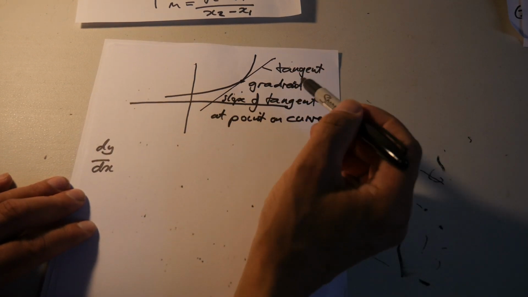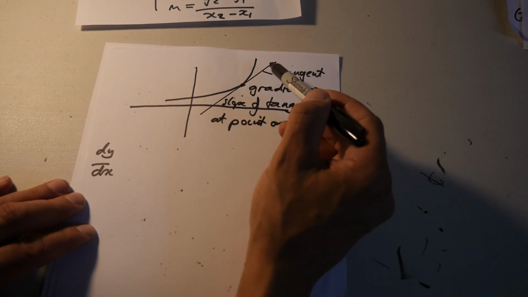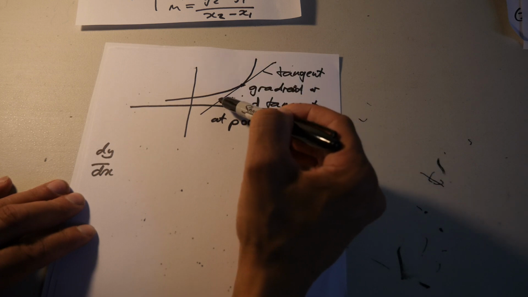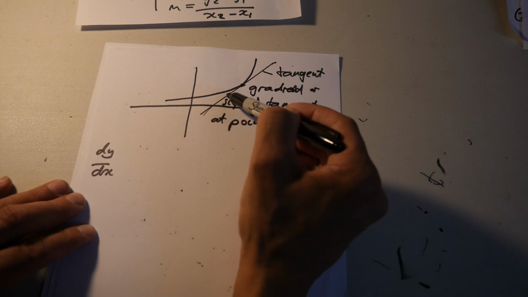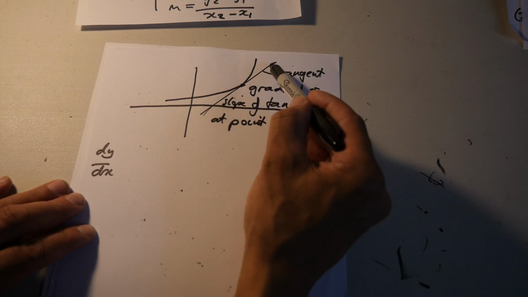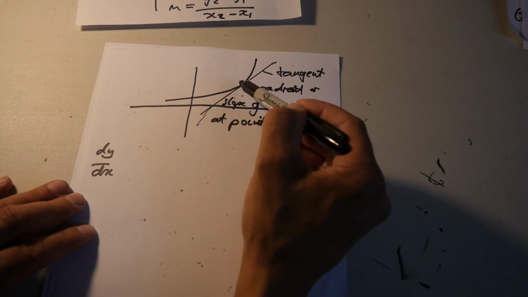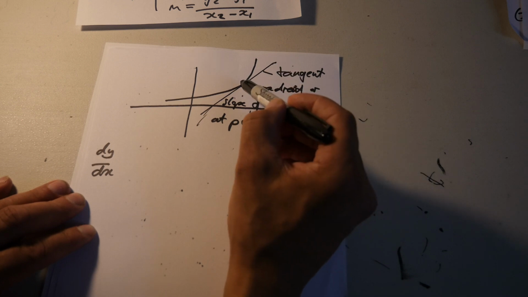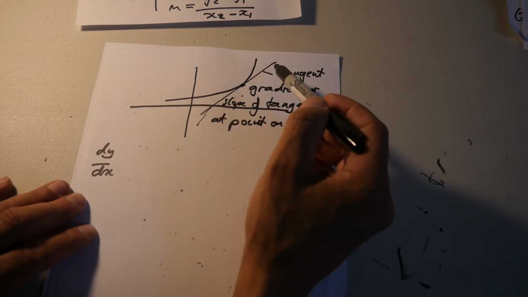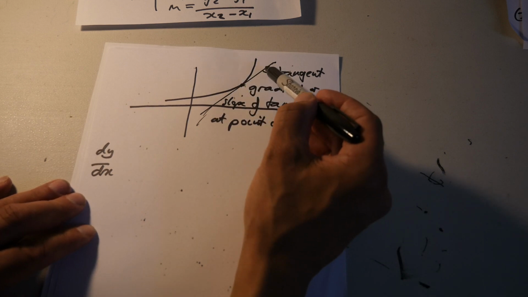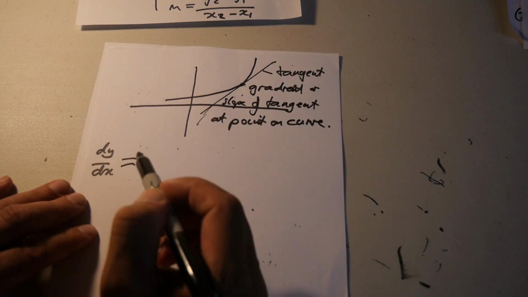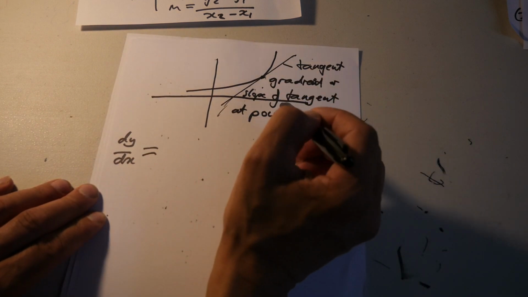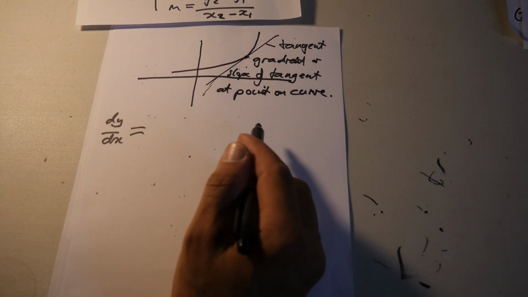The point there is the only point where the tangent touches the curve. That's why it's called a tangent: it's the only point at which that line makes contact with the curve. So the gradient at that point is equal to the gradient of the tangent, and that's what dy by dx is equal to. A proper explanation of this requires a much more complicated technical description, which I'm not going to go into here.